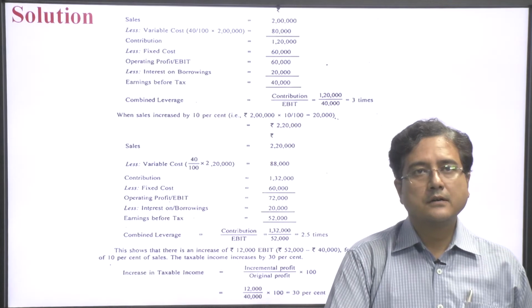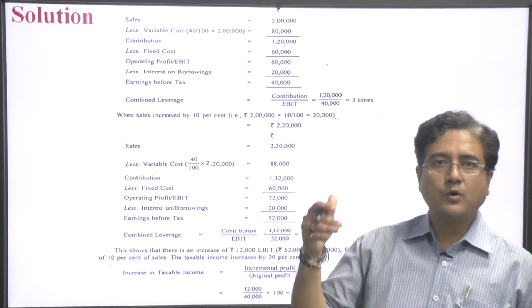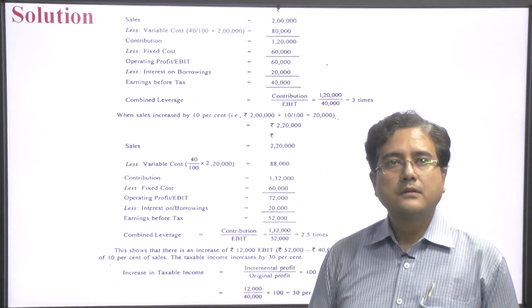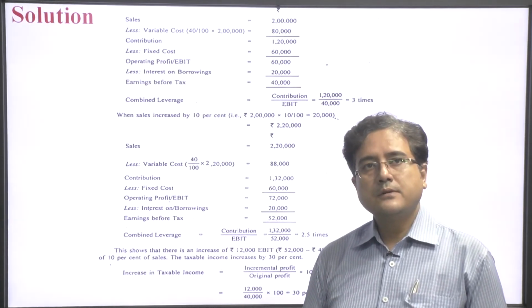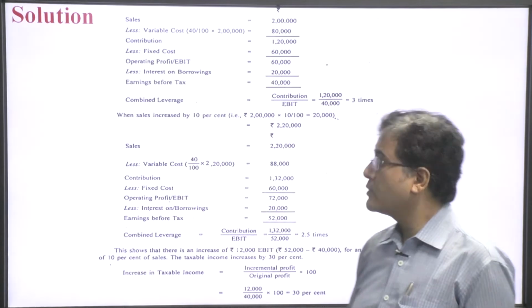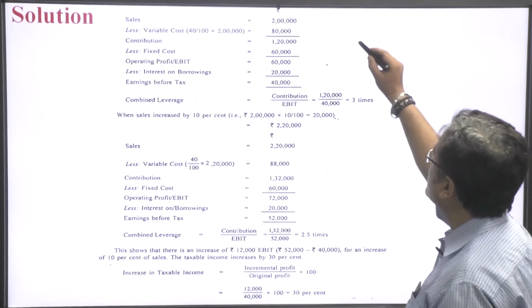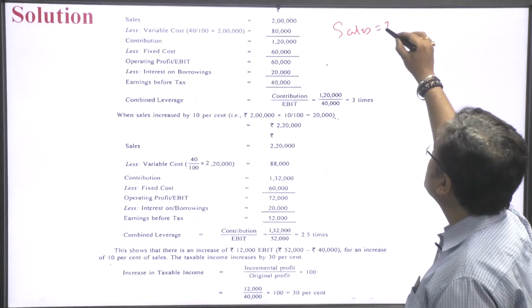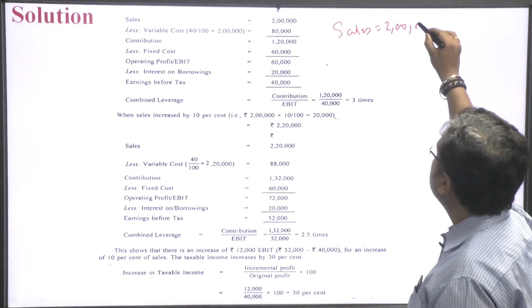Okay, actually this is a long formula, so it is quite difficult. I am going to do this question here also. So, you can see we have sales of 2 lakh rupees.